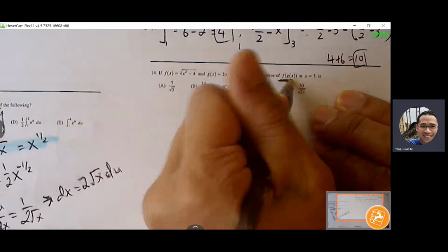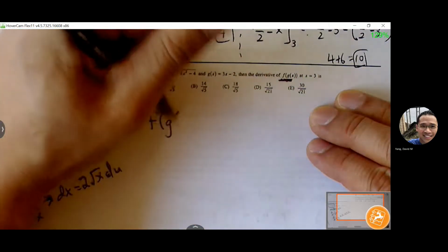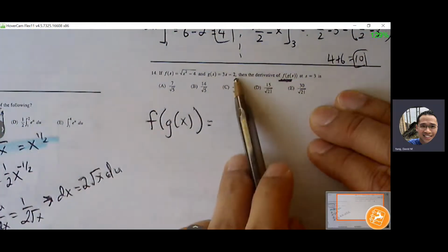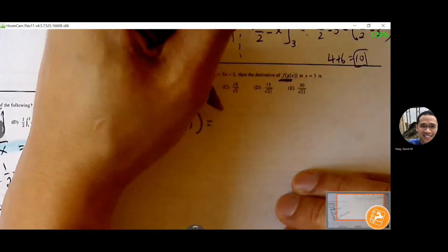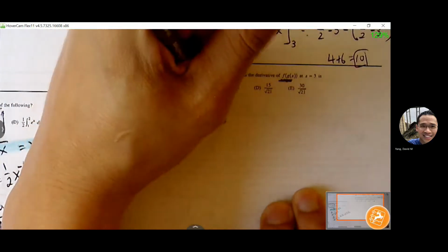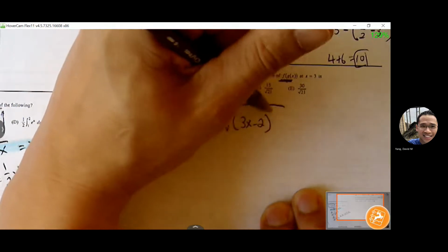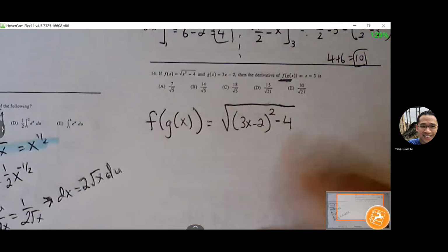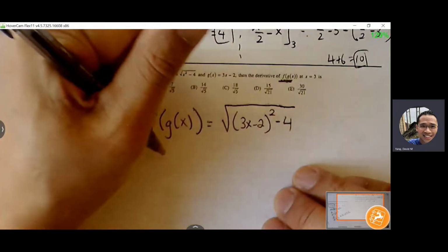Okay, let me build f of g of x first. Insert the g into the x of the f function. Find this derivative, and then I can plug in the 3. So chain rule here.